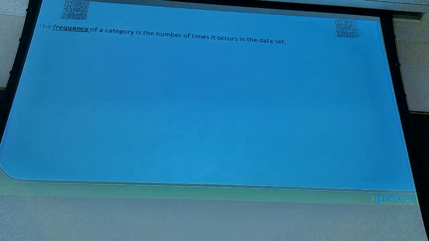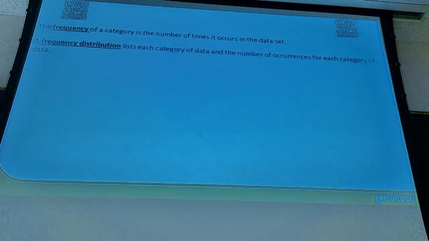And how many times does that specific point occur? By the way, frequency tables can also be used to summarize quantitative data, but that's done a little bit different. Frequency distribution lists each category of data and the number of occurrences of each category.